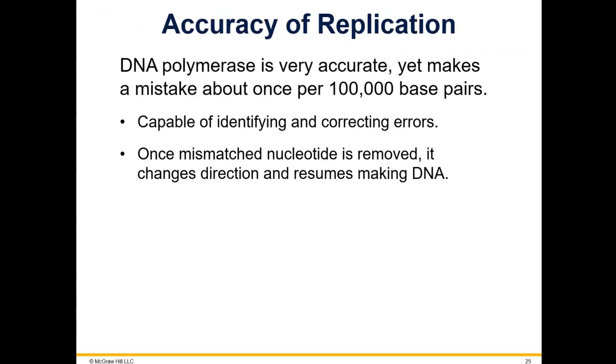So the actual mistakes that end up still being mistakes, let me look it up, I think it's million, but it might be billion. Hold on. The actual mistakes that get made after DNA polymerase makes its corrections are 1 in 100 million.